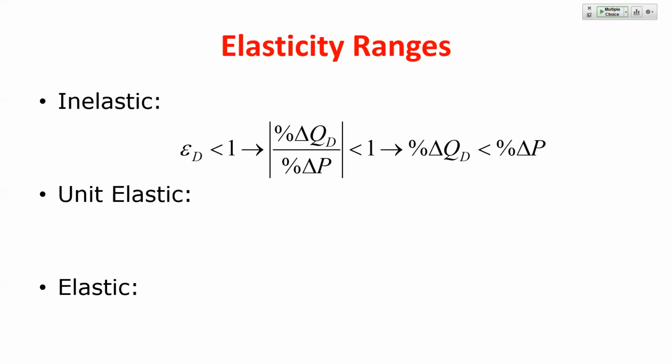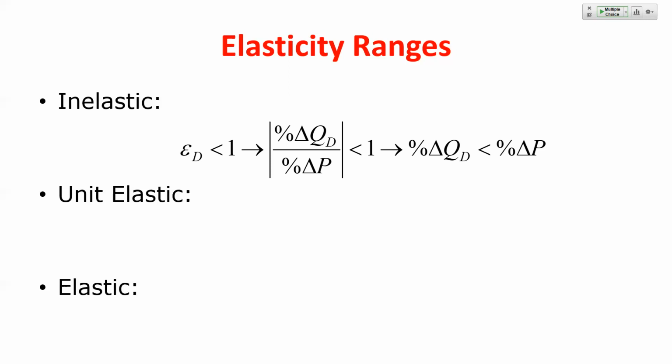But if I'm just thinking about looking at this, when it's inelastic, what is that really telling me? The only time this fraction can be less than 1 is if the numerator is less than the denominator, right? So really, when will that be the case?